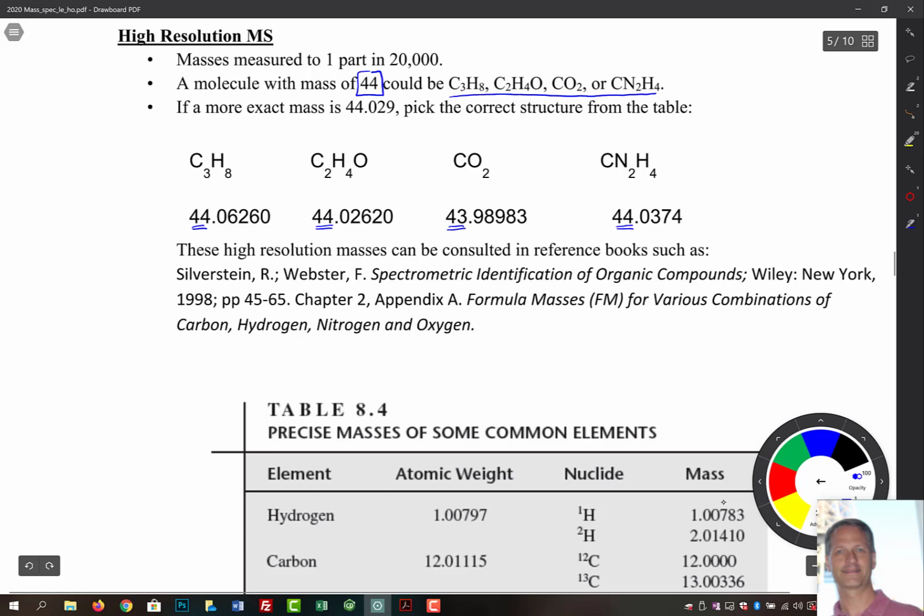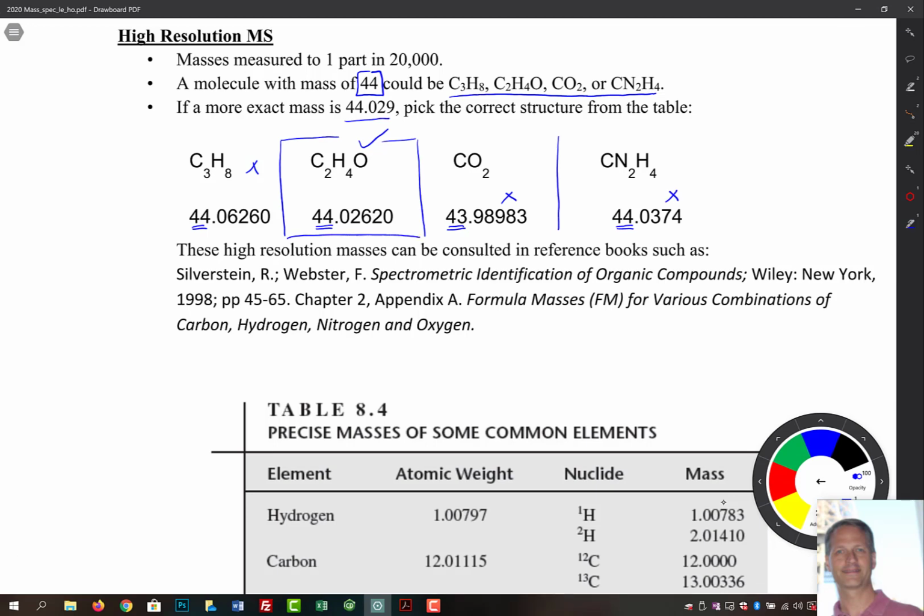Now, if we knew that the exact mass was 44.029, then you can start fine-tuning your guesses a little bit. So, 44.06, all right, that's not 029. Well, this one looks pretty good, right? No such luck here and maybe not there. So maybe you guess this one before you move on with too much more analysis.